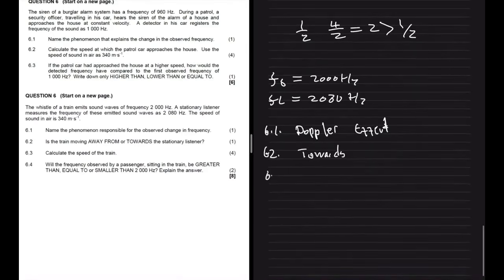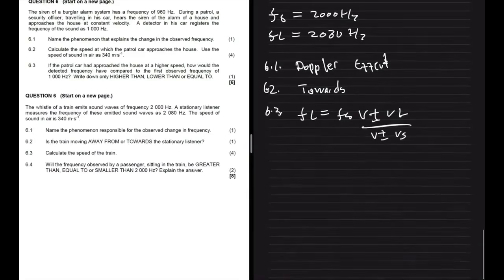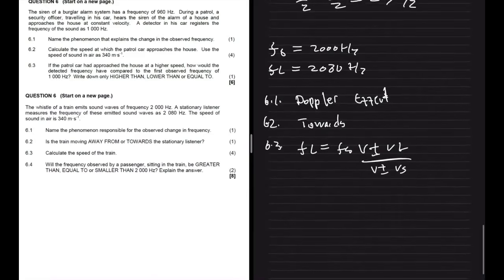6.3, calculate the speed of the train. F of L equals F of S. Sticking to the basics again, the formula we use is V plus or minus VL divided by V plus or minus VS. The observed frequency is 2080 Hz equals 2000 Hz.